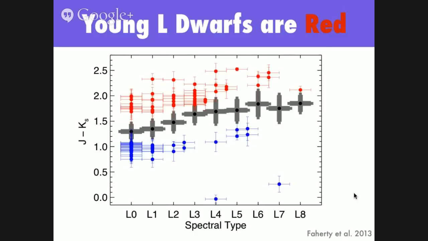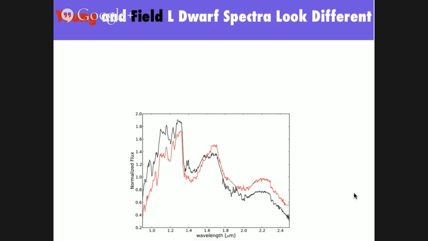So young dwarfs are redder than field dwarfs. This is from Faherty et al. 2013. The gray dots are field dwarfs, and the red circles are young dwarfs. And young dwarf spectra look different from field dwarf spectra.